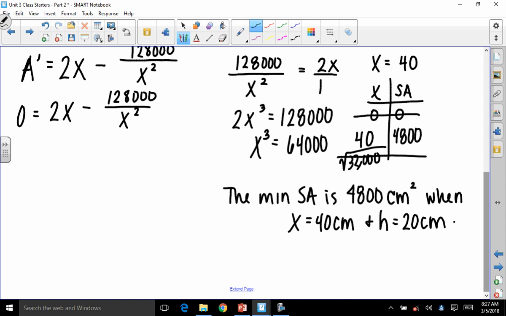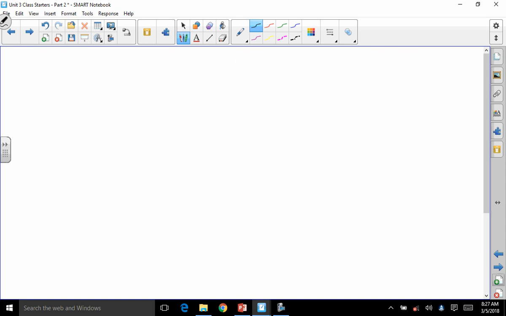All right, let's do 14. In 14 it says, find the point on the parabola x plus y squared equals 0 that is closest to the point (0, -3).